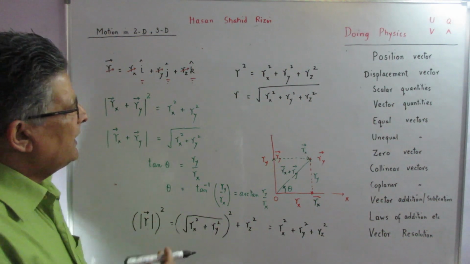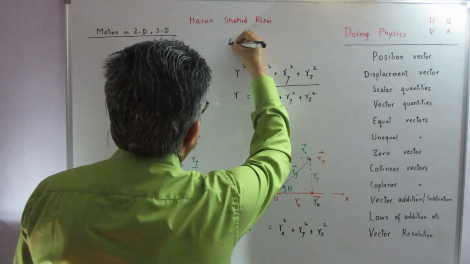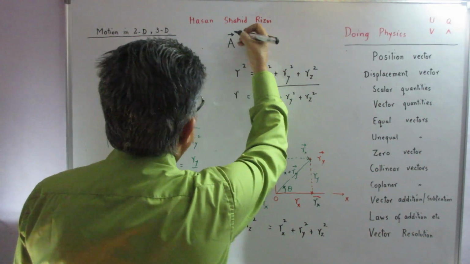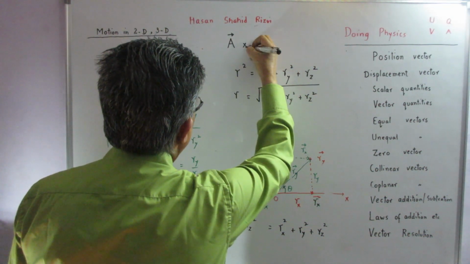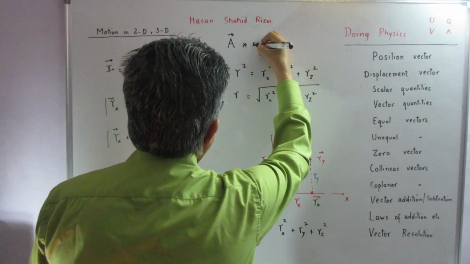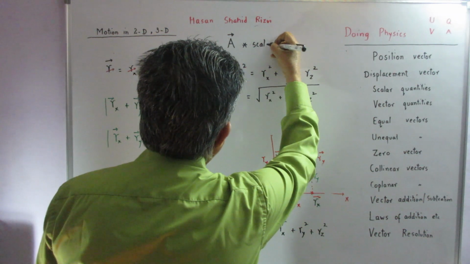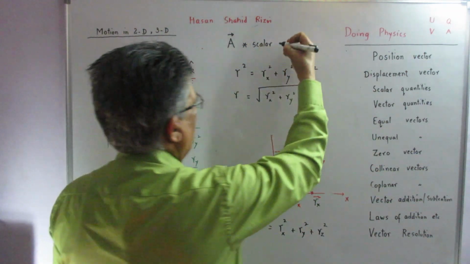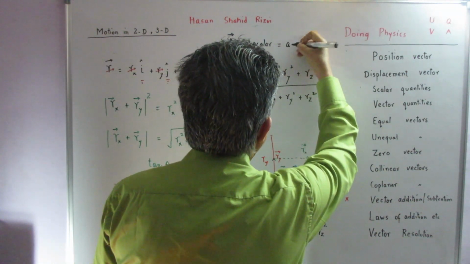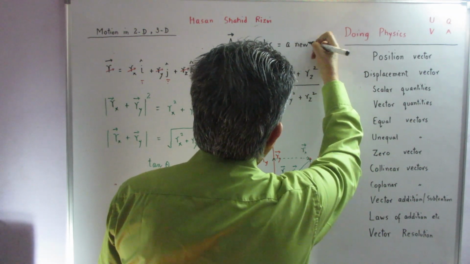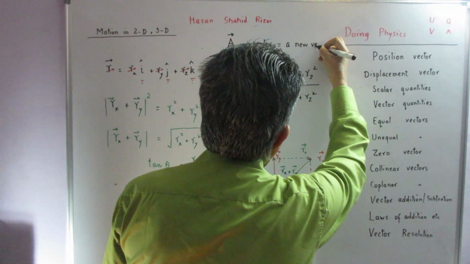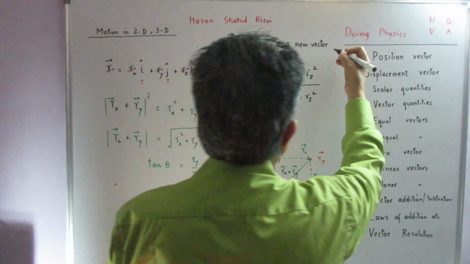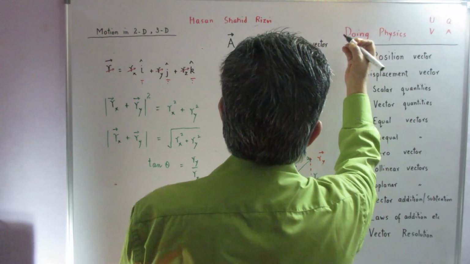One where I have a vector A, and this is multiplied by a scalar quantity, so what we get is a new vector, and this vector ought to be parallel to the first vector.